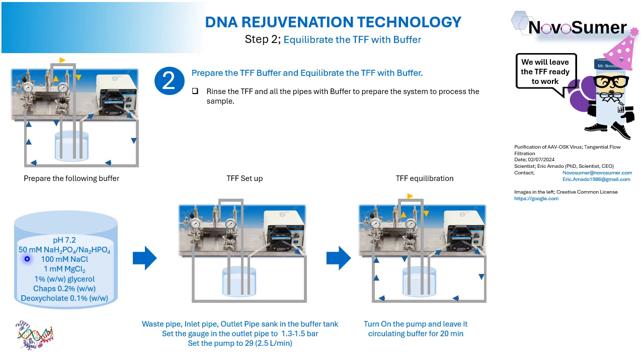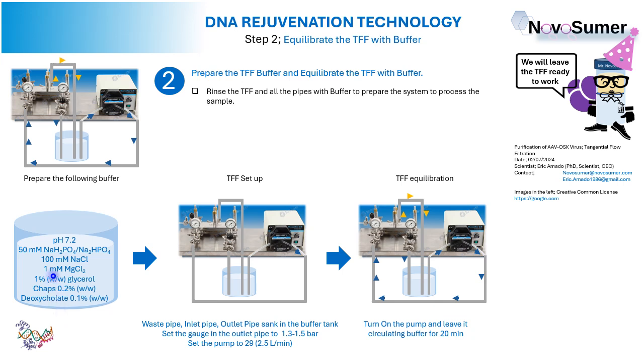So the buffer will be 50 millimolar of sodium phosphate, 100 millimolar of sodium chloride, salt, 1 millimolar of magnesium chloride, 1% of glycerol, and then CHAPS at 0.2% and deoxycholate at 0.1%.